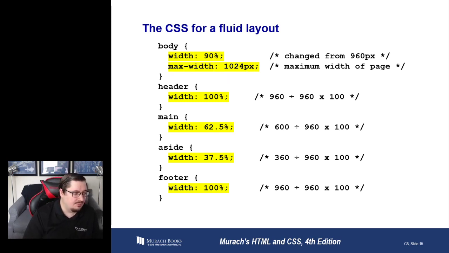So they've set a max width of 1024. What that really means is that it can't get bigger than 1024, which means that you're bounding the screen sizes that this works on. Any screen that's bigger than 1024, all that extra space will end up getting used as margin, just white space.